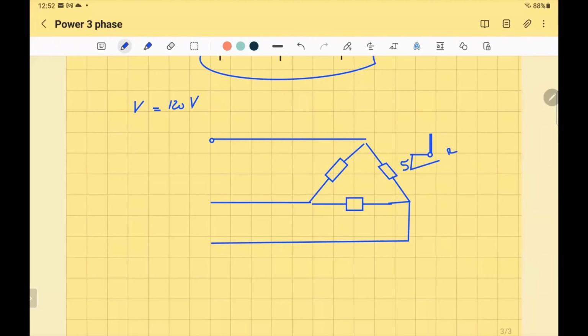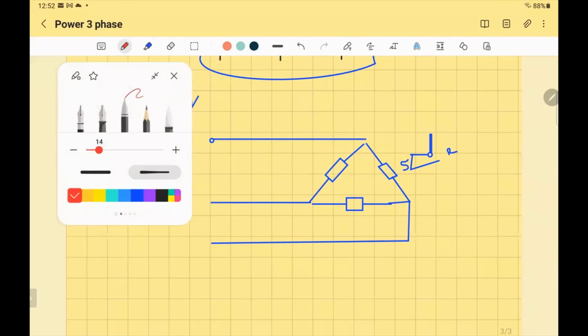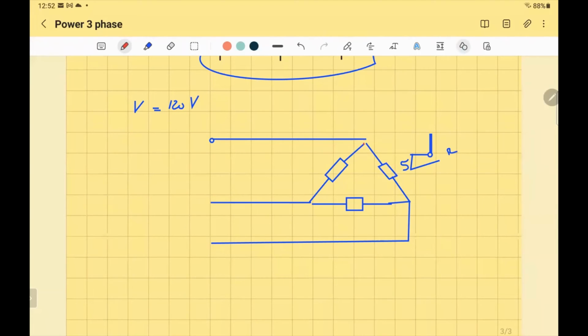Delta. So the best way to do it is to convert it to Y, so you can have the neutral. If you convert to Y, it will be something like that. The equivalent Y. It makes a big difference.